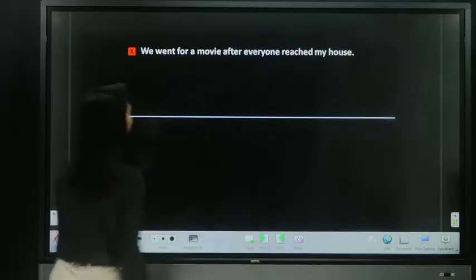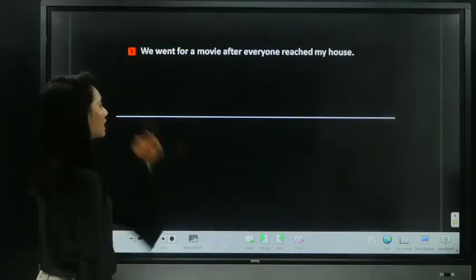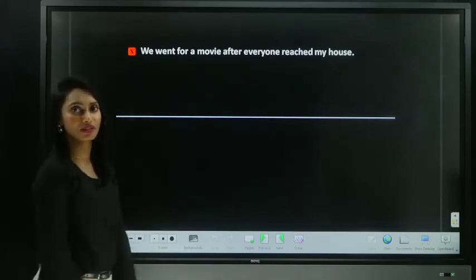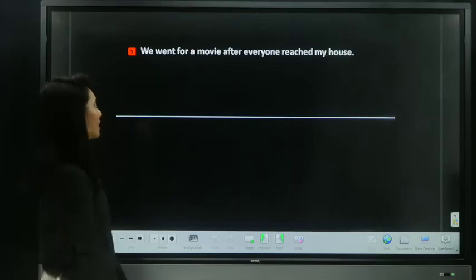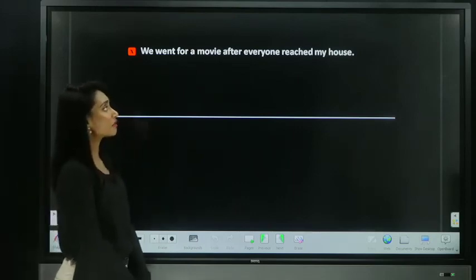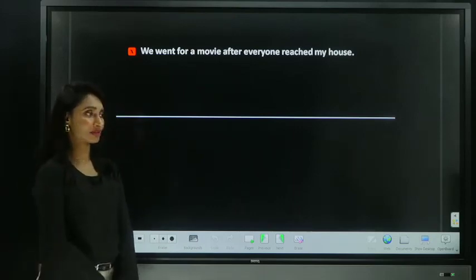Now look at the next sentence. We went for a movie after everyone reached my house. So there are two actions. Find out the correction. We went for a movie after everyone reached my house.